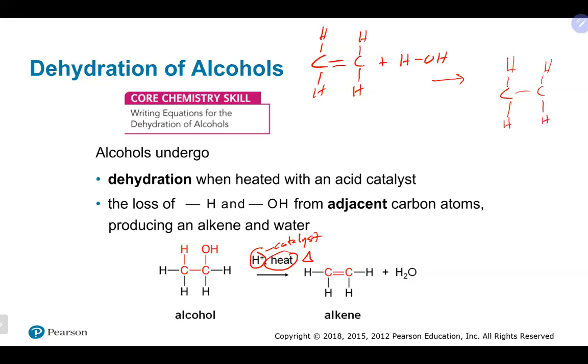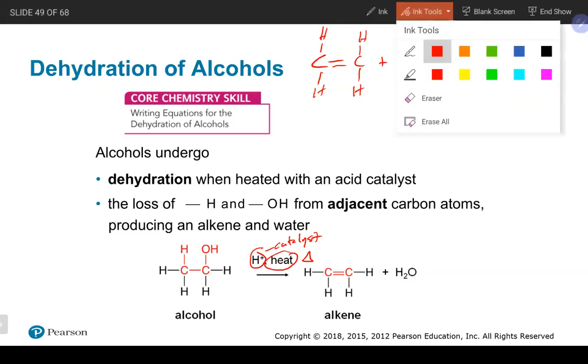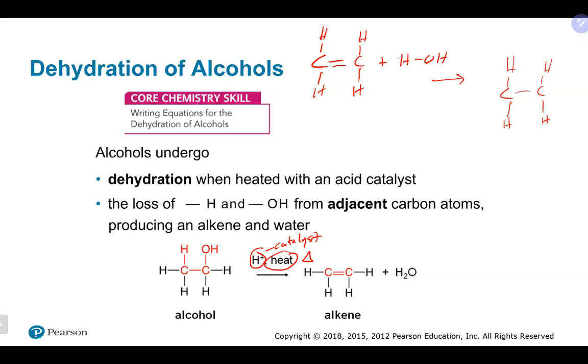And remember that in this particular case, one of the carbons will get the hydrogen and one will get the OH. So when we dehydrate the alcohol through heat, we basically take it off the same way.